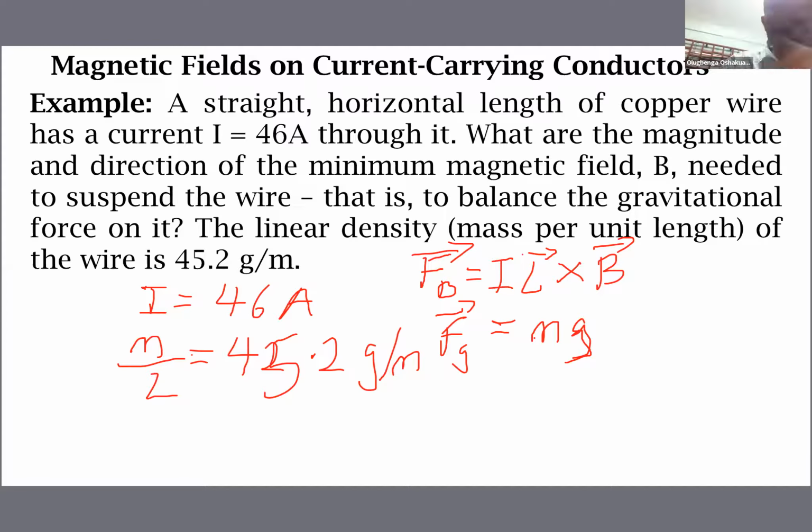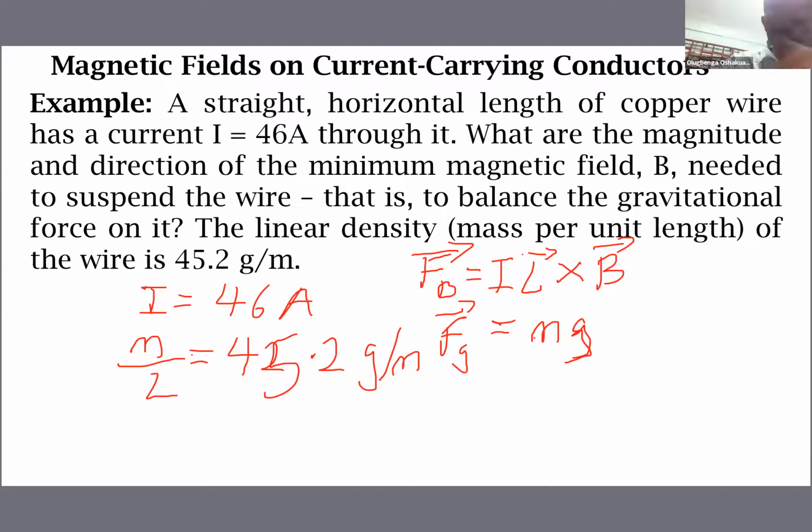So for Fg, it's as good as saying IL cross B equal to mg.